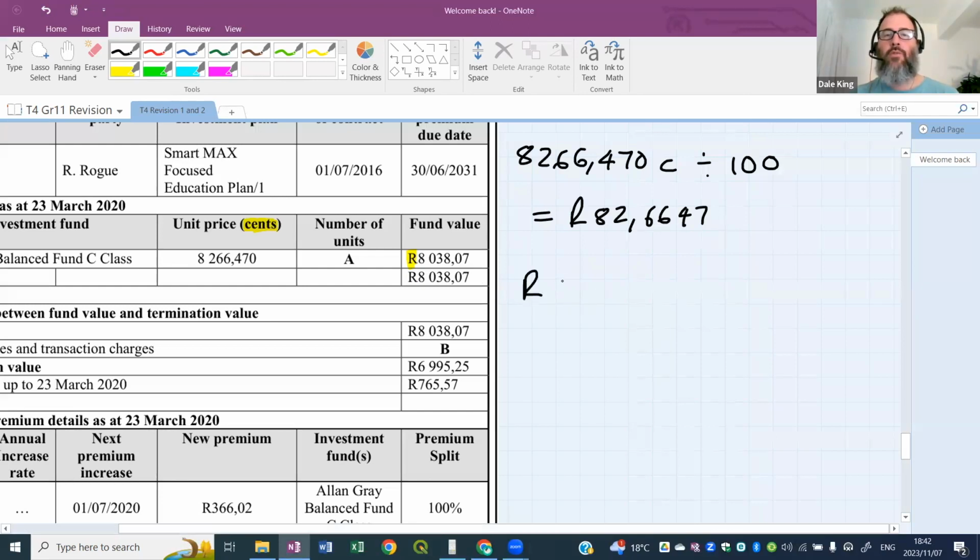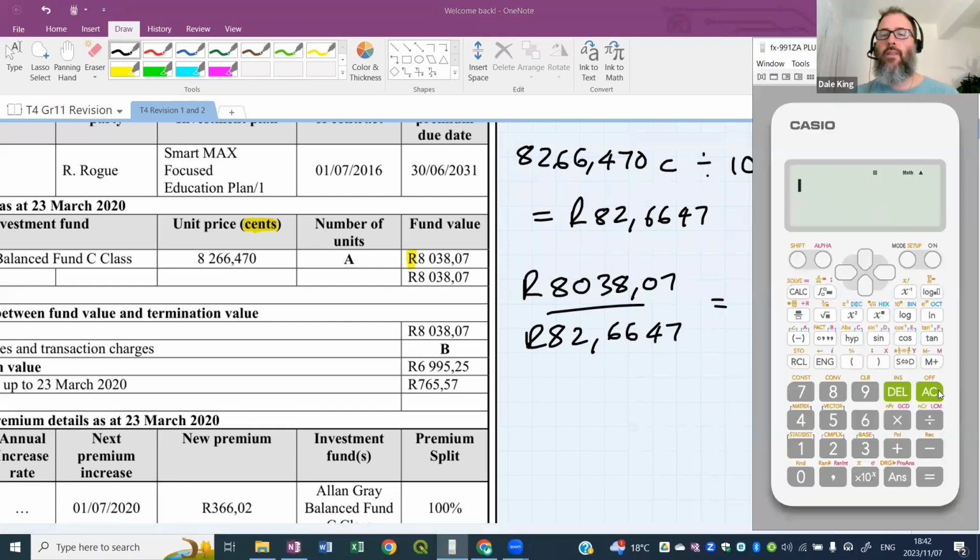I'm going to take my value of all the units, and we know each unit is 82 Rand and 6647 cents.